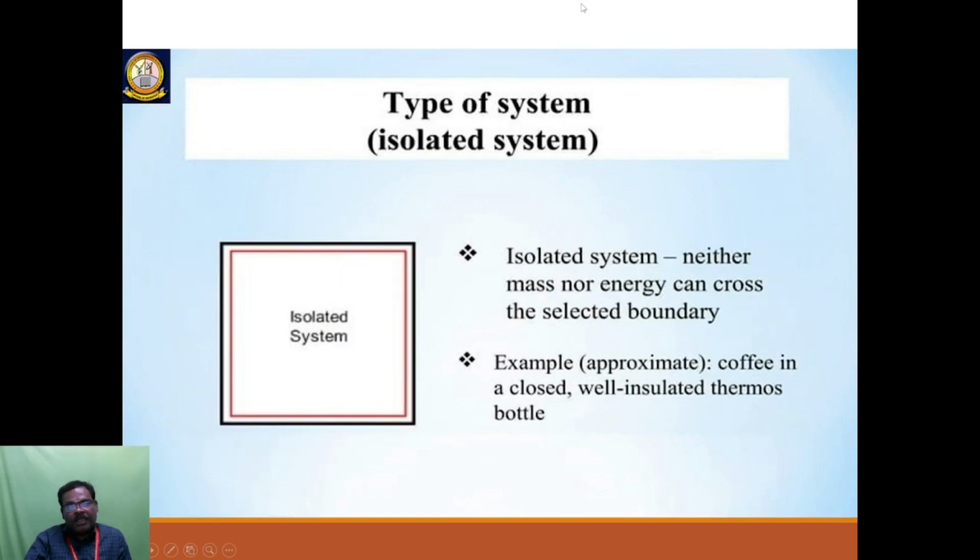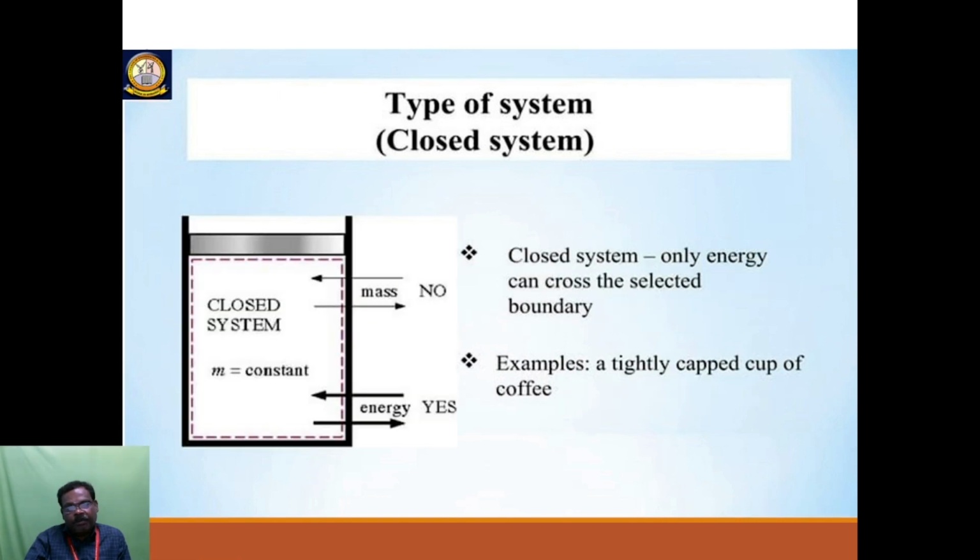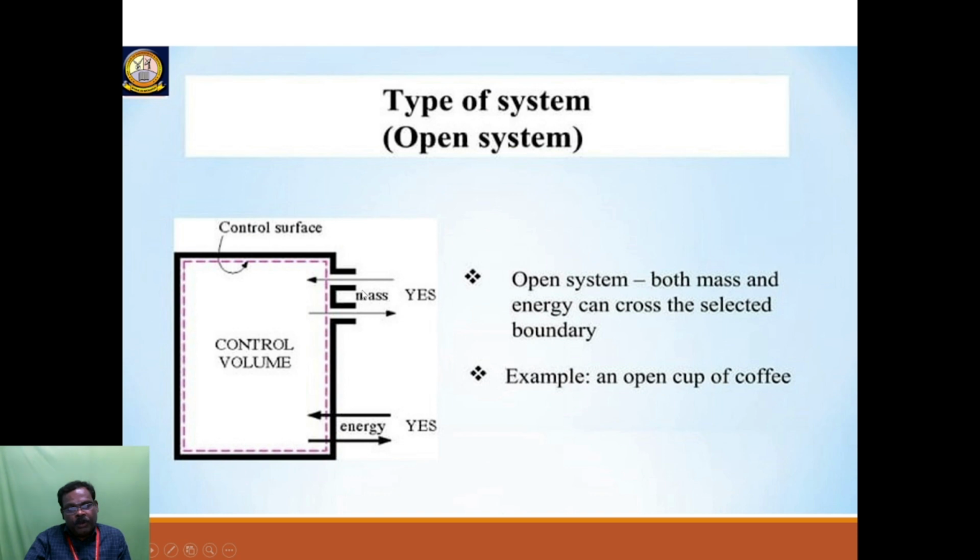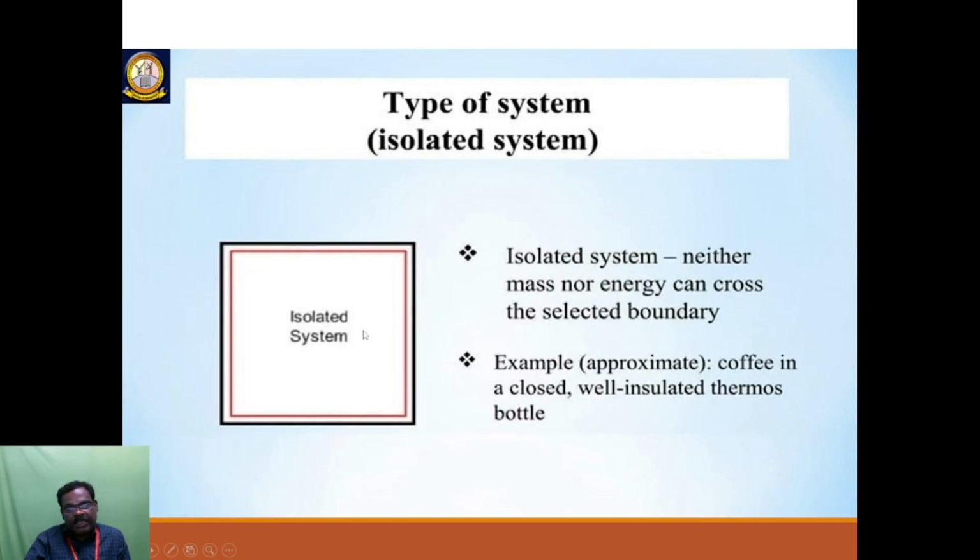So you have the types of system. Isolated system means neither energy nor mass can cross the selected boundary. In a closed system, mass is constant, and energy crosses the boundary of the system. In an open system, both mass and energy cross the boundary of the system. The example for an isolated system: coffee in a well insulated thermoflask, where mass is constant and energy is also constant.